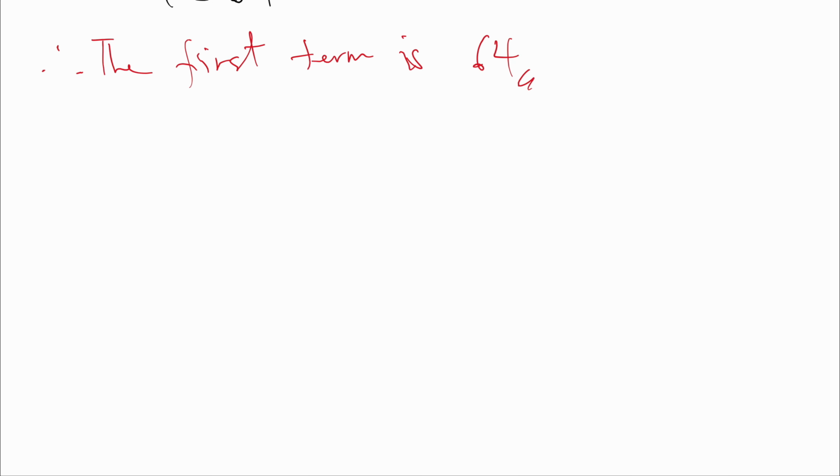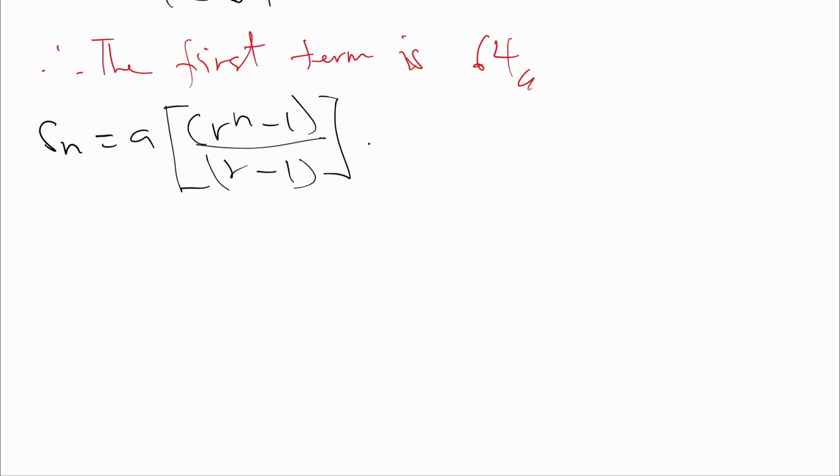So for a geometric progression, we have two formulas for finding the sum of the number of terms. It depends on the value of our r, which is our common ratio. So let me write our two formulas. Sn is a multiplying (r^n minus 1) all over (r minus 1), and we use this when our r is greater than 1.